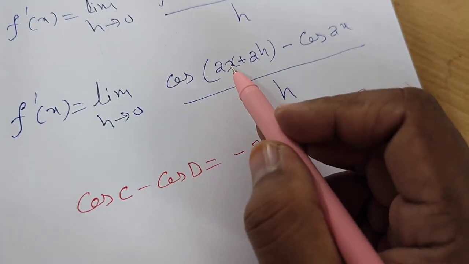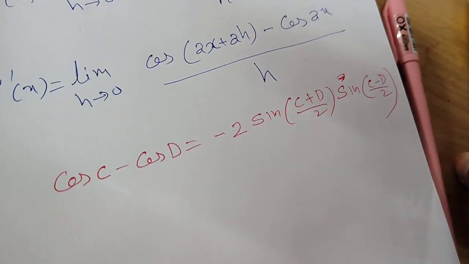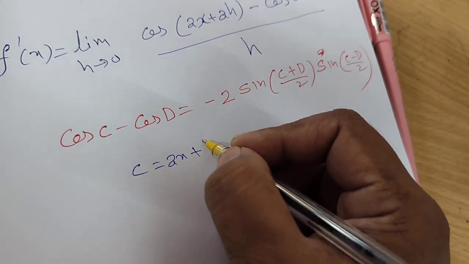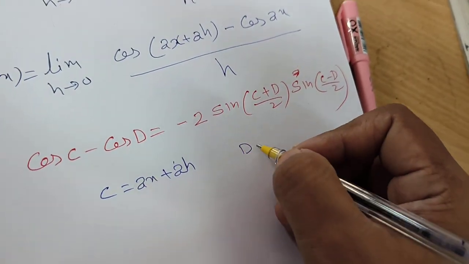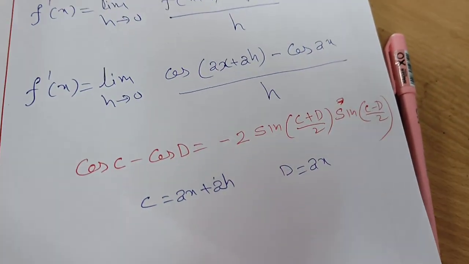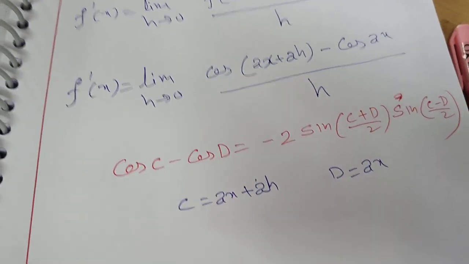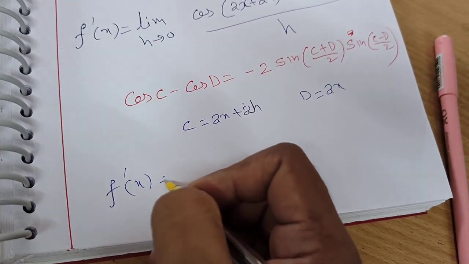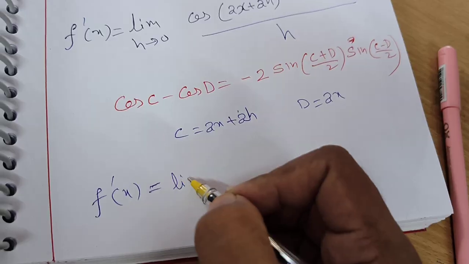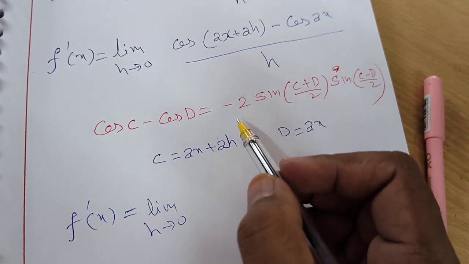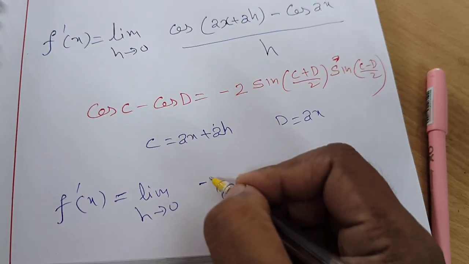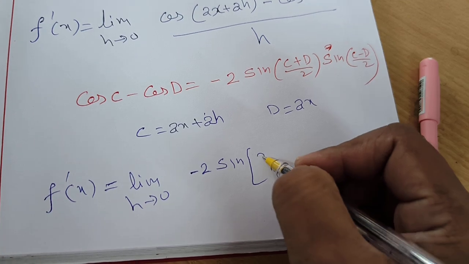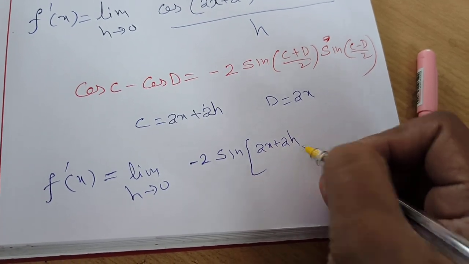So suppose our c is equal to ax plus ah and d is equal to ax. We will substitute in the above line, we get f dash of x is equal to limit h tends to 0 of minus 2 sin of c plus d, means ax plus ah plus ax.